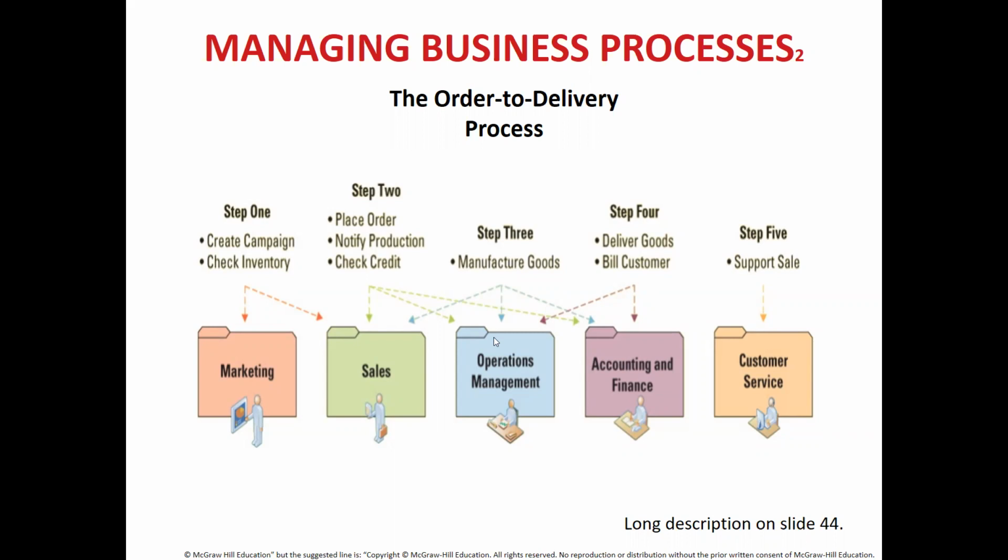Why? Because they are the ones who actually produce the goods and the services. If they are not producing it, the other departments are of no use. If you're not able to produce the goods and services properly and up to the standard and quality, what's the purpose of having a sales, marketing, or even an accounting or finance team? So that's why I'm saying probably one of the important departments.